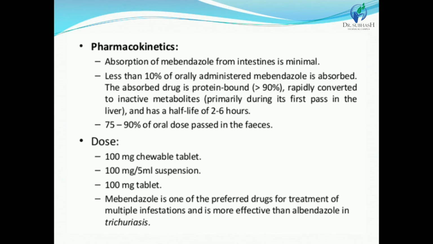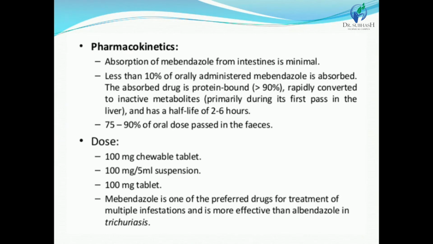It is rapidly converted into inactive metabolites, undergoing first pass metabolism, leading to a half-life of 2 to 6 hours. 75 to 90% of the oral drug passes into the feces. So the major disadvantage is its bioavailability, because less than 10% of the orally administered drug is absorbed, and the remaining 90% is excreted in unchanged form.